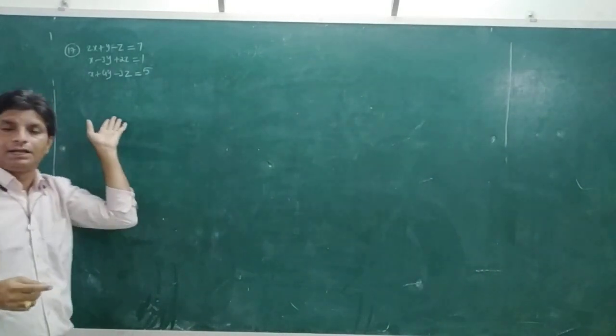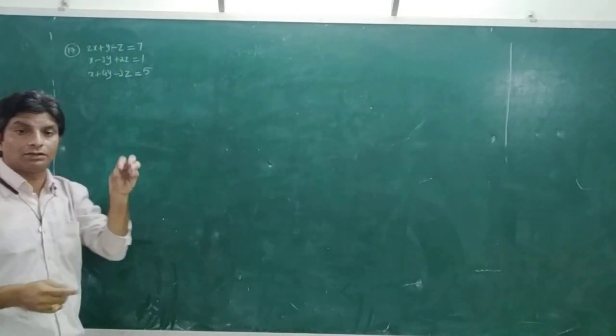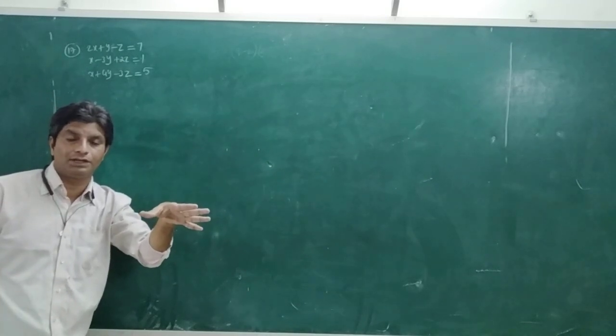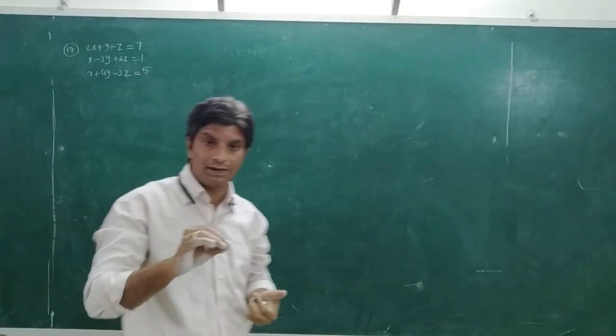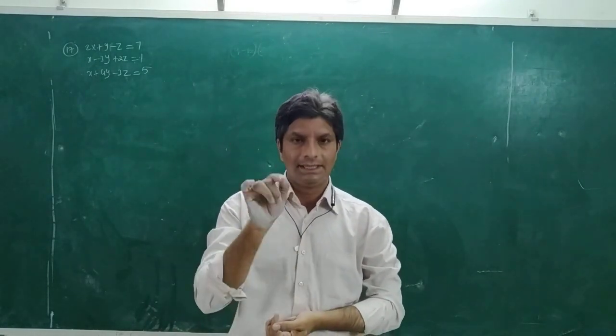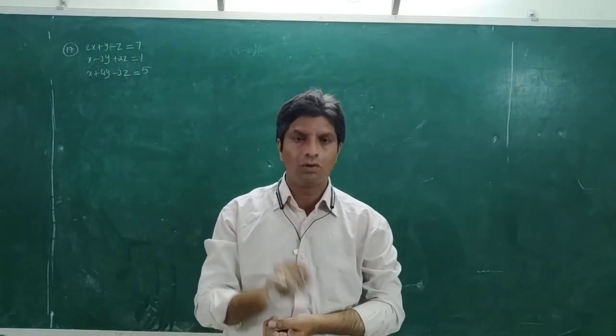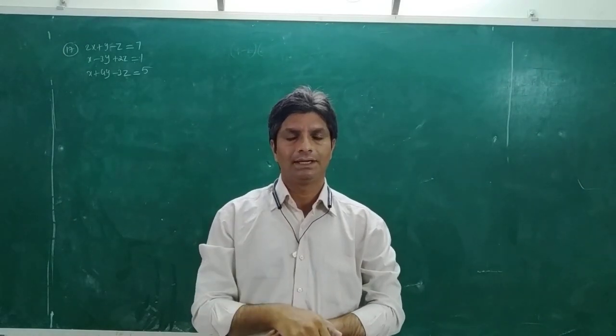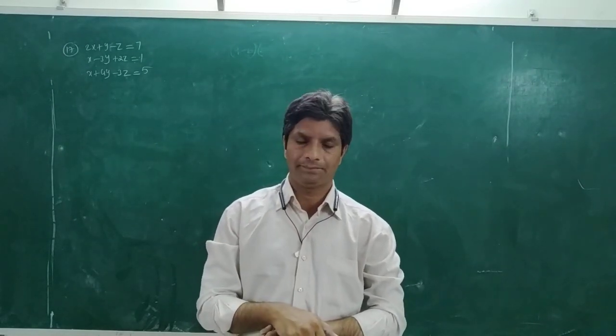Already we know, if two equations in two variables a1x plus b1y equal to c1, a2x plus b2y equal to c2, we have three cases. If a1/a2 is equal to b1/b2 not equal to c1/c2, then the system has no solution.